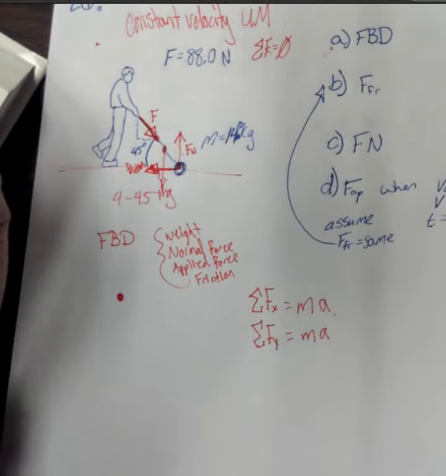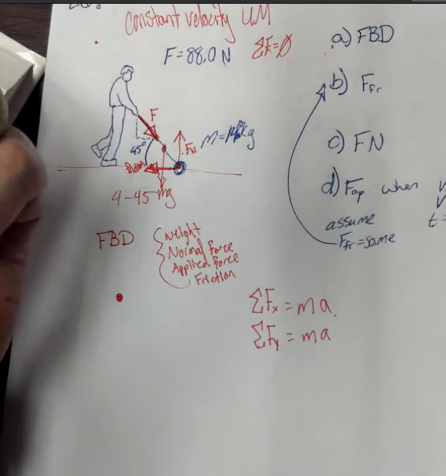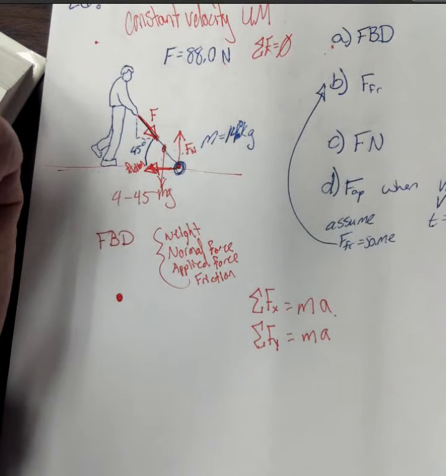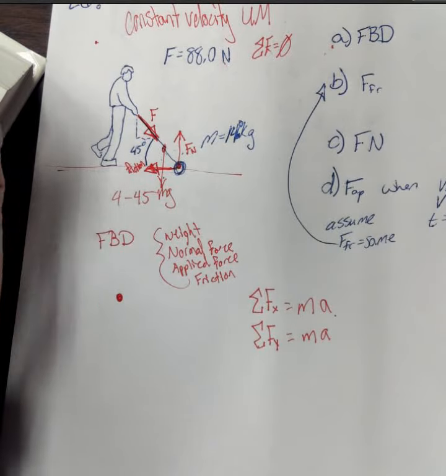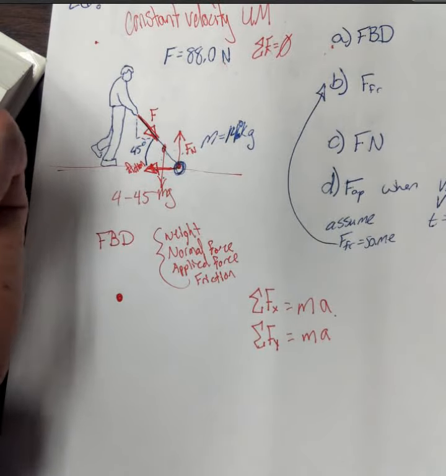Question D asks, what force must the person exert on the lawnmower to accelerate it from rest to 1.5 meters per second in 2.5 seconds, assuming that there is the same friction force?